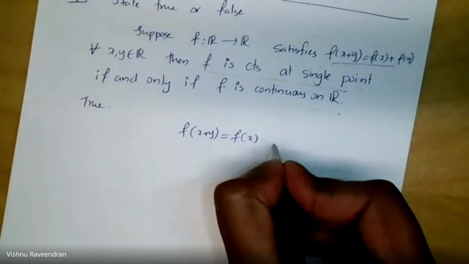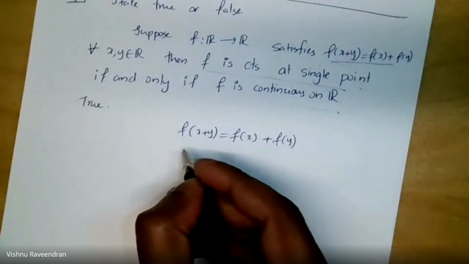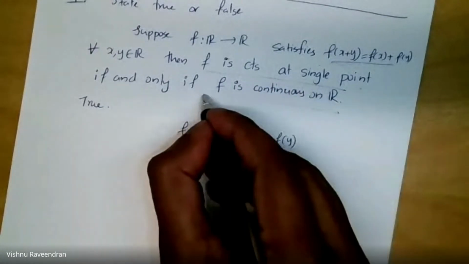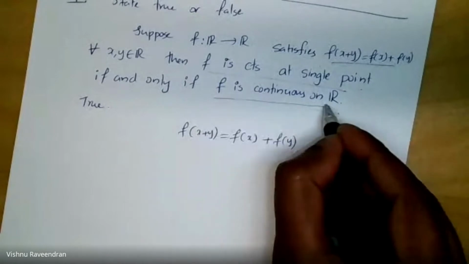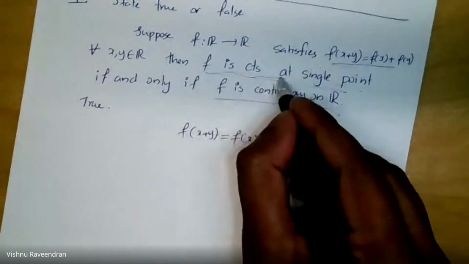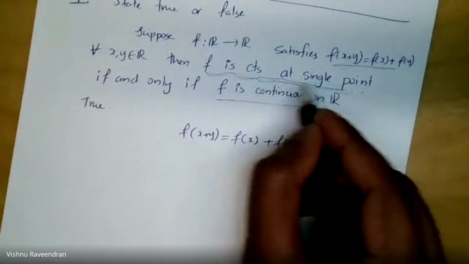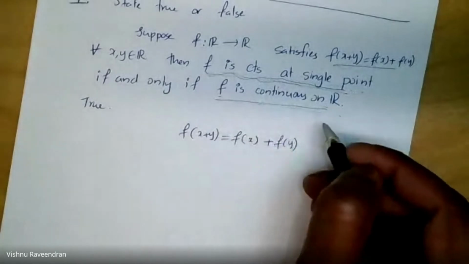So the first information is that you have this identity, and one direction is true, because if f is continuous on R, then f is continuous at a single point also. So the challenge is that we need to check if f is continuous at a single point, then whether f is continuous on R or not.